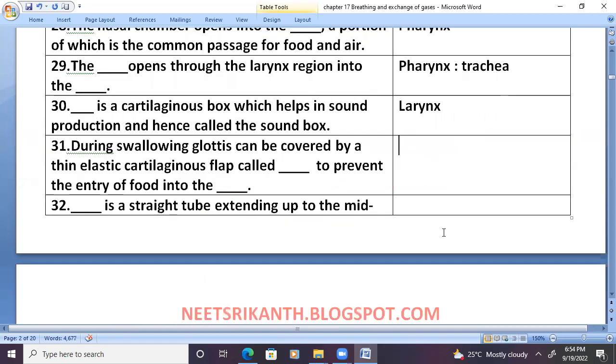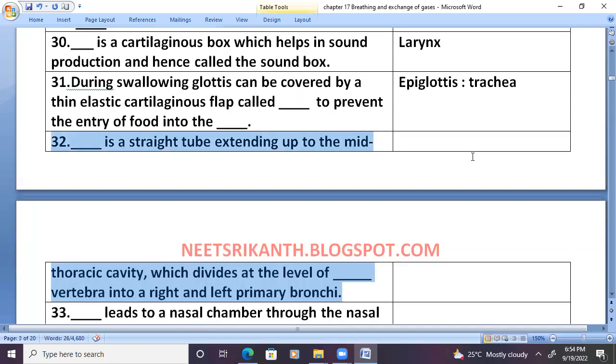During swallowing, the glottis can be covered by a thin elastic cartilaginous flap called the epiglottis to prevent the entry of food into the larynx. The trachea is a straight tube extending up to the mid-thoracic cavity which divides at the level of the fifth thoracic vertebra into a right and left primary bronchi.